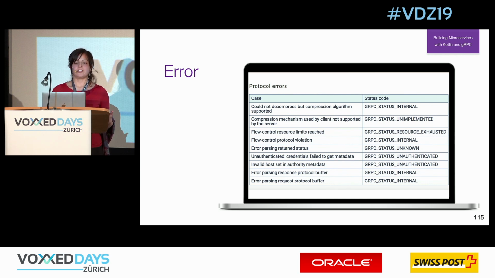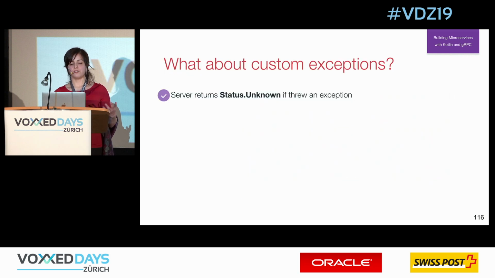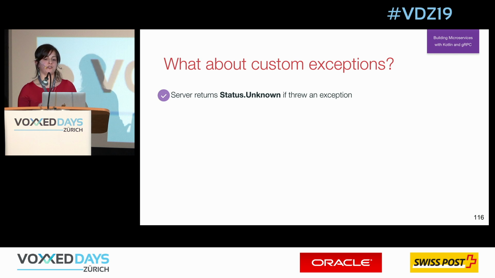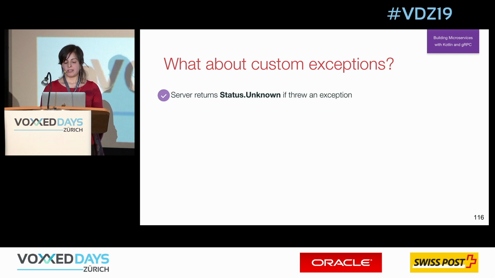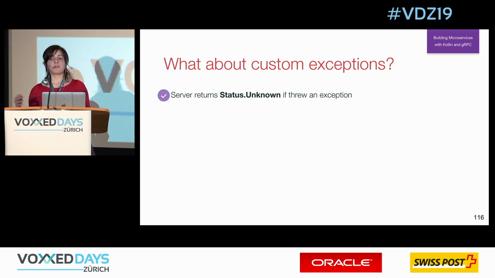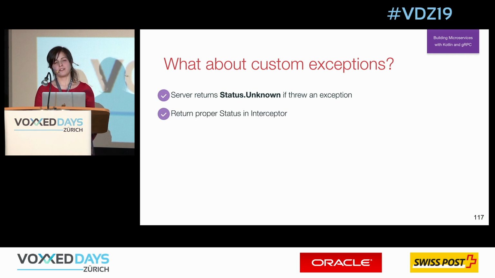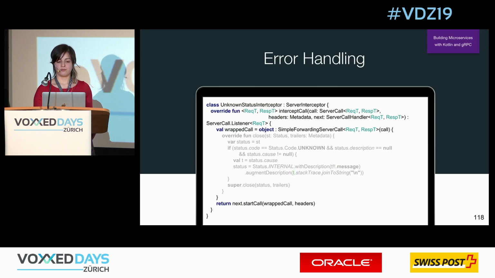So if you want to handle some business errors, you need to think about custom exceptions and how we can handle them in gRPC. If your request returns some exception, you will receive status code unknown, which is not what you really need. So you can write an interceptor again and change its status code with some more meaningful message.